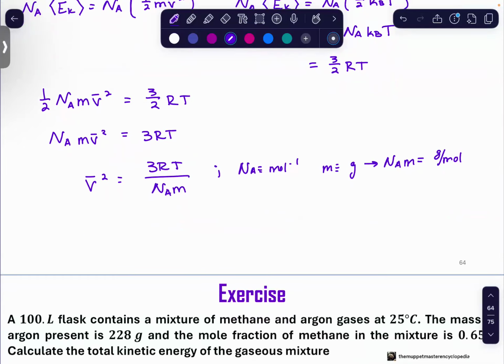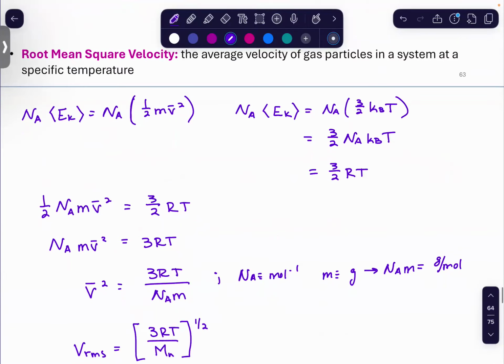Okay, so then I'm just going to square root both sides. And so when I square root both sides, my vRMS is going to be the square root of 3RT over, and NA times m is our molar mass. Remember that exponent of 1/2 is the same thing as square root. So this really just comes with setting the two versions of kinetic energy equal to each other, making sure that they're in terms of their molar values.